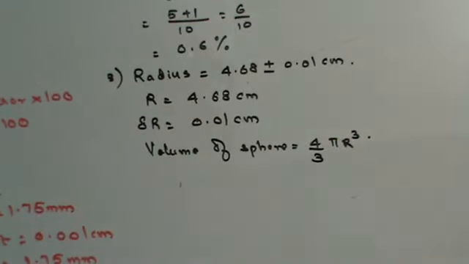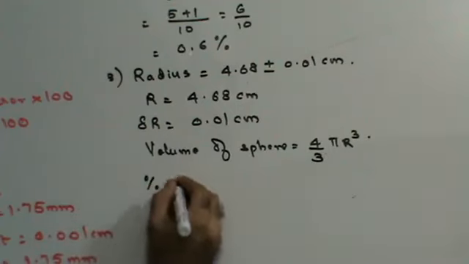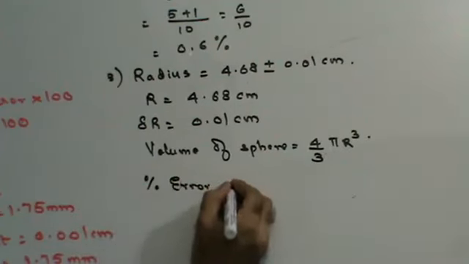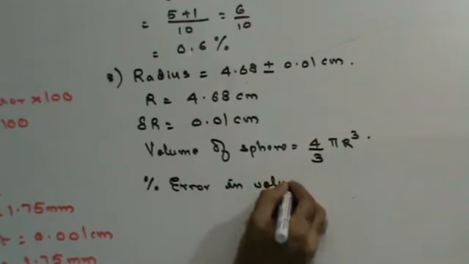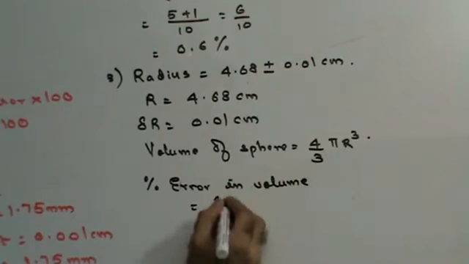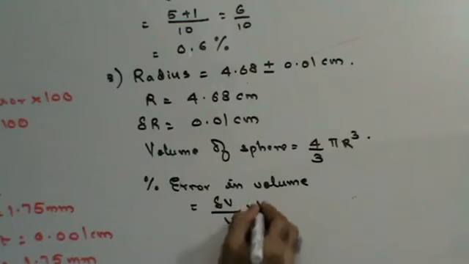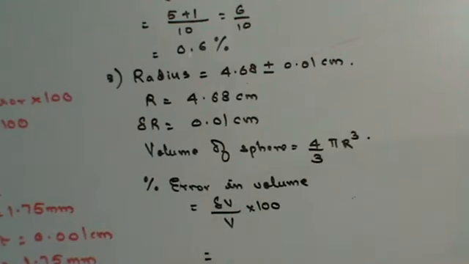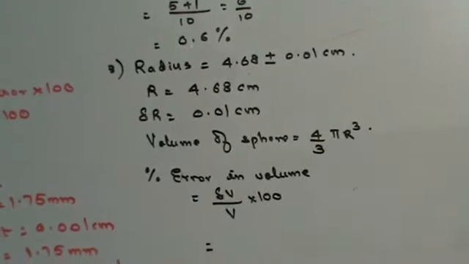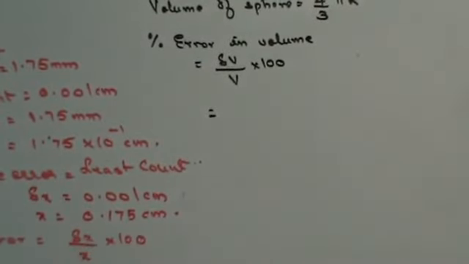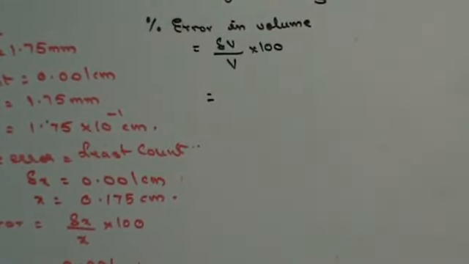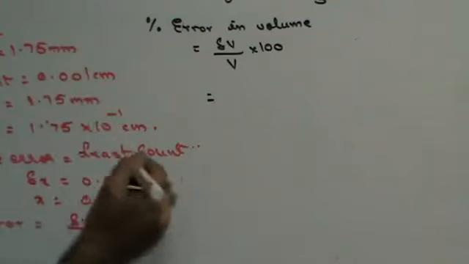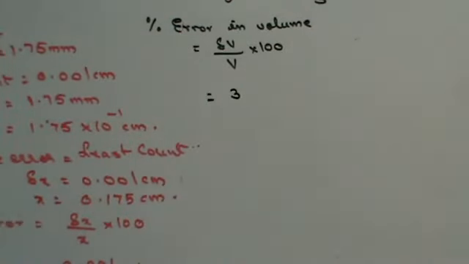Once I know the formula for volume, I can find out percentage error in volume is error in volume upon volume into 100. Now, if I am measuring the volume, 4 by 3 is constant, pi is constant, r cube. That means I will be measuring the radius 3 times. First I will measure r, then again r, and then again r, because that's how I get r cube. So I am measuring radius thrice.